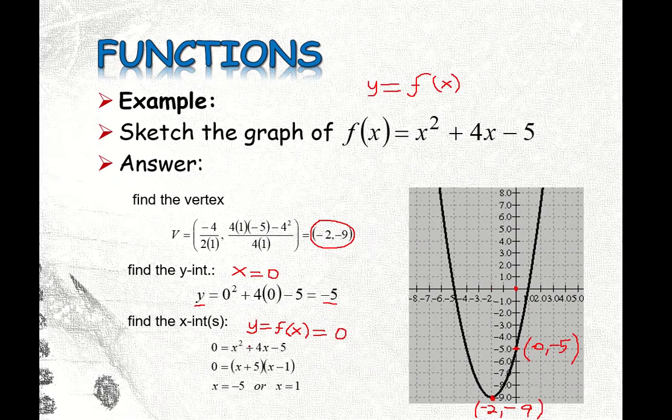Okay, so for the next intercept, when y is equal to 0 or f of x equal to 0, we were able to solve for x equal to 1 and negative 5. So we set f of x, meaning when y is 0, x is minus 5.